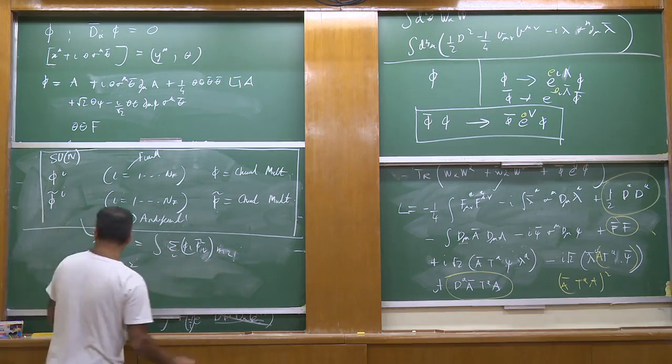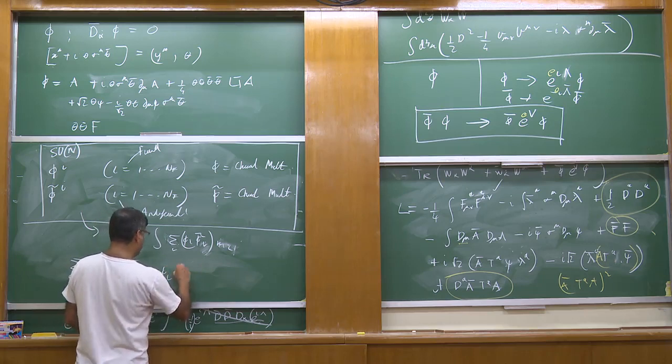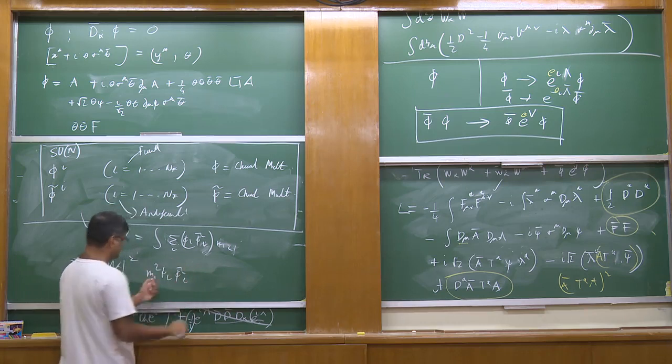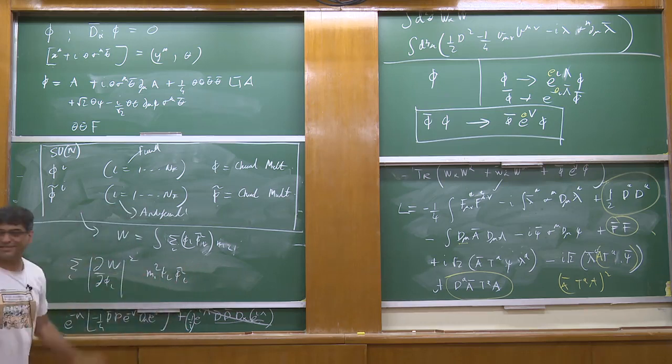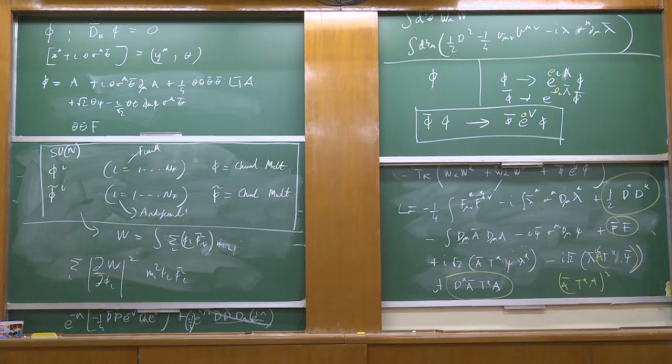Then what we get is phi I phi tilde I M_i squared from the potential, and so this is the mass term. Of course this is a mass term in the UV. What effect it has in the IR, that is something we have to determine, but roughly speaking it's a mass.